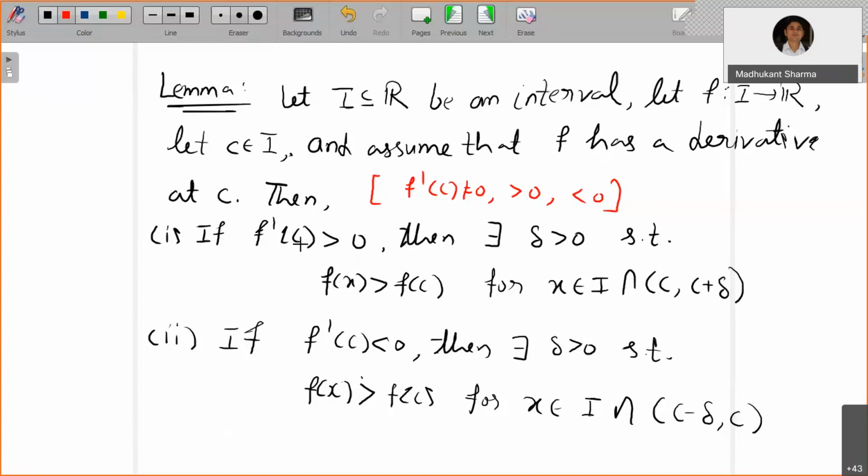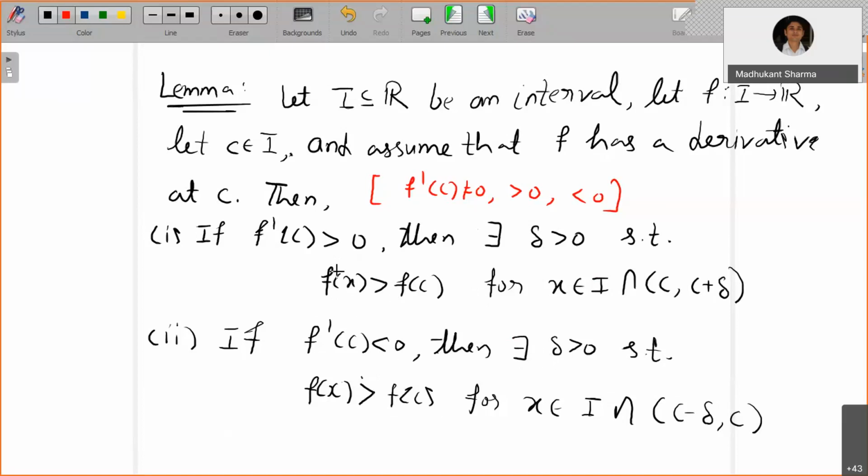Similarly, for the case f dash of c is less than 0, you can find part of a neighborhood of c with the corresponding inequality.